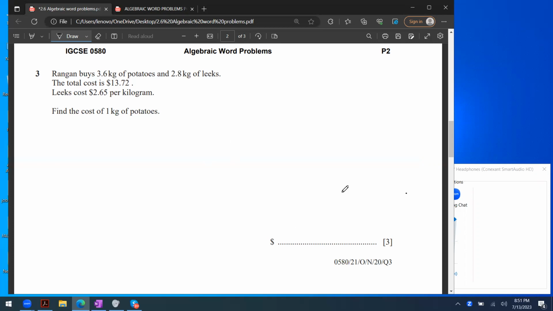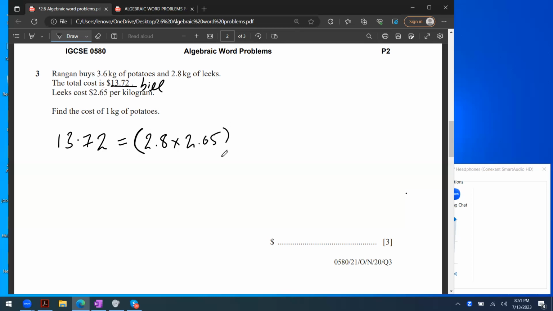I'm starting the solution. Any answer you can say. So the total cost is how much? The bill is 13.72, which includes 2.8 kg of leeks. So 2.8 times 1 kg costs 2.65.